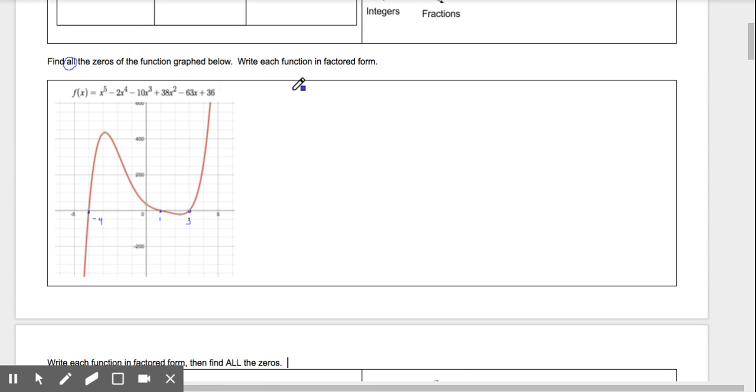So we'll have the coefficients: 1, -2, -10, 38, -63, and 36.